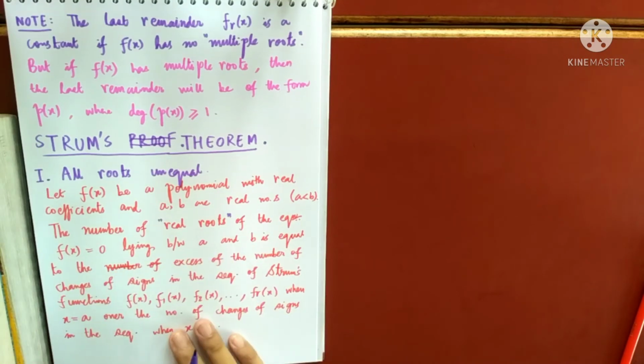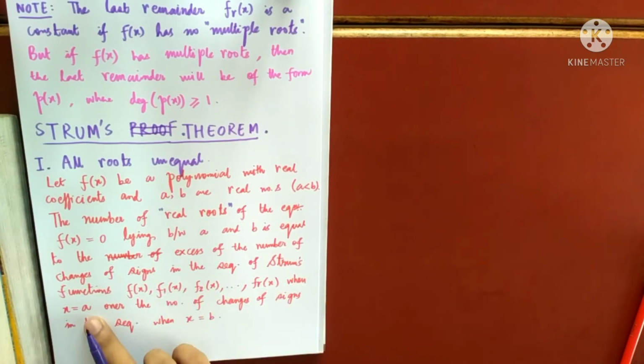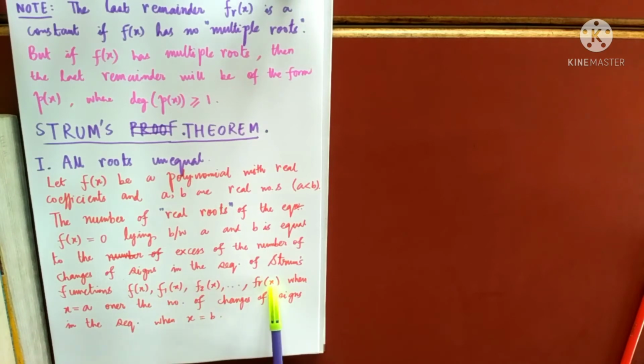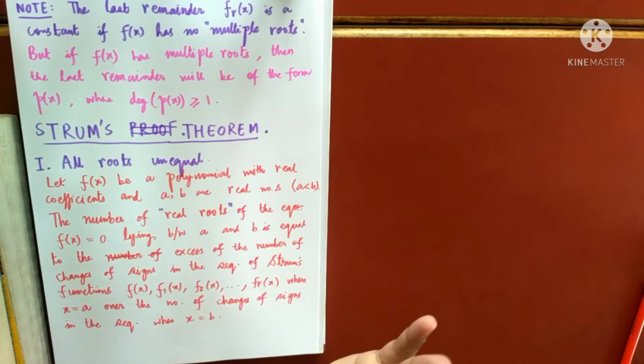So it's equal to the excess of the number of changes in signs in the sequence of Sturm functions when x equals a over the number of changes in signs in the sequence when x equals b. So what is the meaning of this? Don't worry, when I do the sums I'll explain. At x equals a, you determine the signs of all of these, and when x equals b, you determine the signs of all of these, and I'll tell you what to do. I'll tell you how this excess will be calculated.